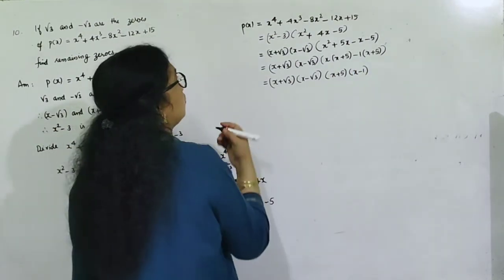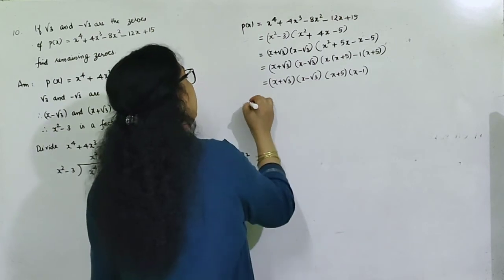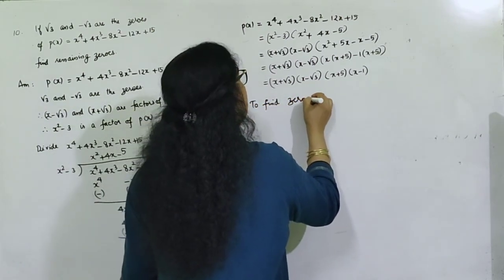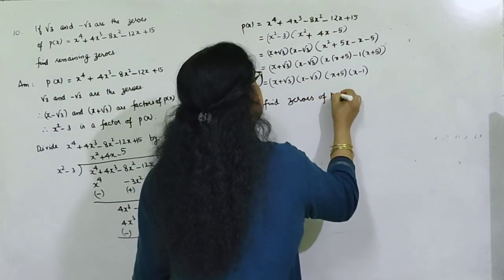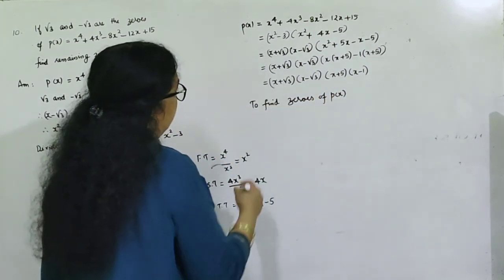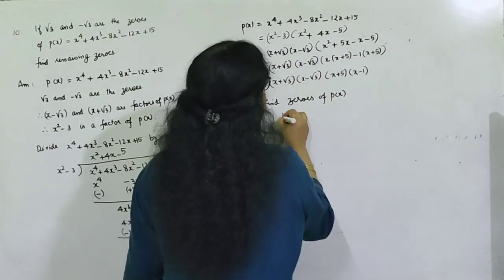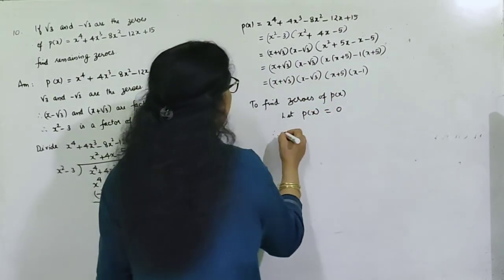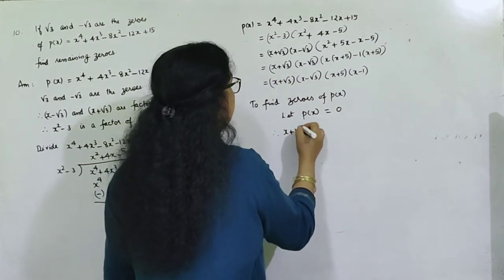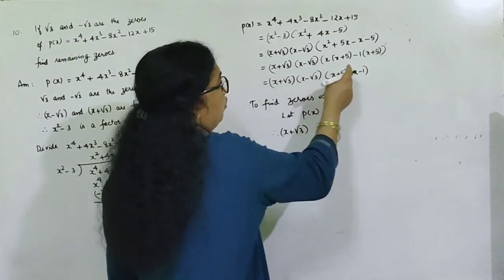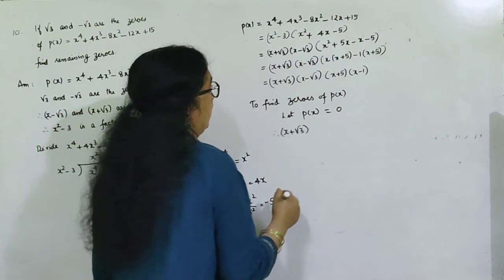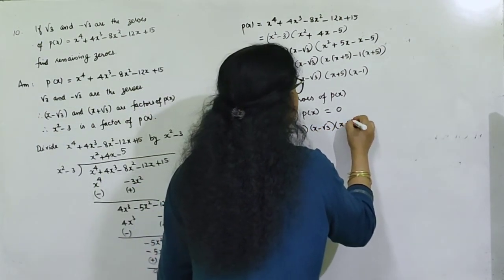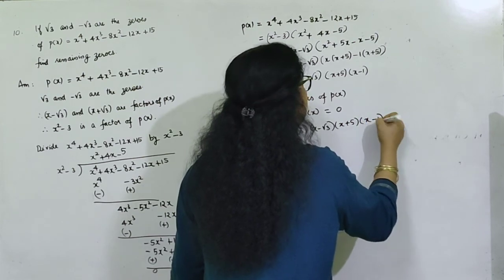Now, factorization finished. Now we have to find out the zeros. To find zeros of p of x, let p of x equal to 0. Therefore, x plus root 3, x minus root 3, x plus 5 into x minus 1 equal to 0.